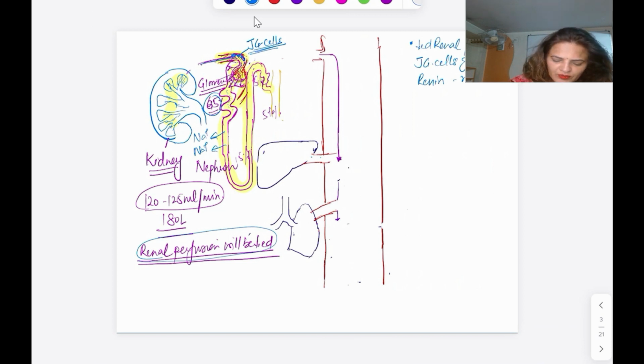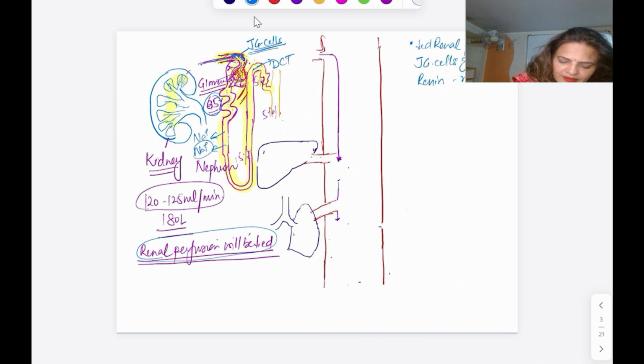Then what will happen? The concentration of sodium in the DCT, the distal convoluted tubule, is less.